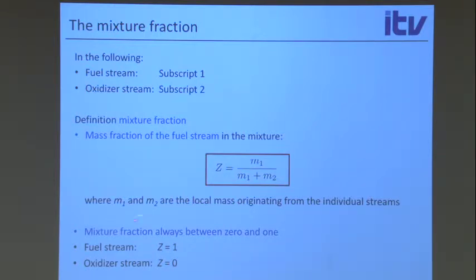The mass here means, so M1, that would be the fuel stream. That could be the fuel, or it could be the carbon and the hydrogen in the water and the CO2 that originated from the fuel stream, okay? So this is defined, of course, between 0 and 1.